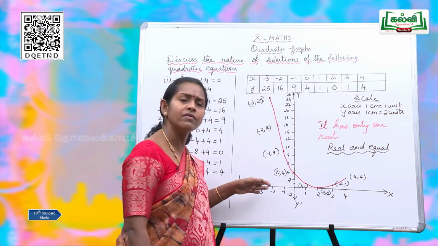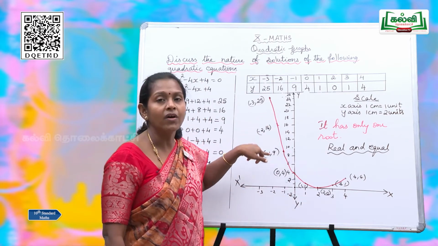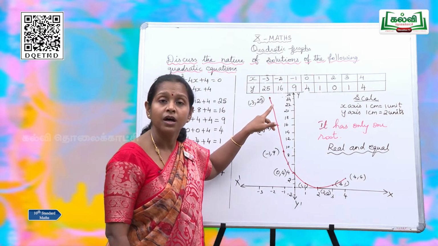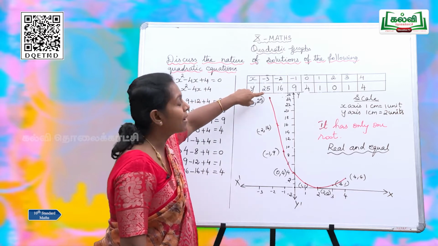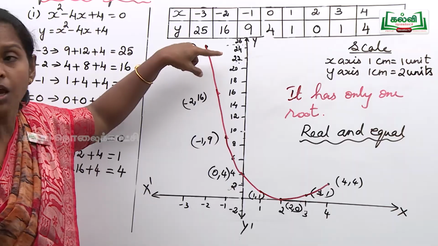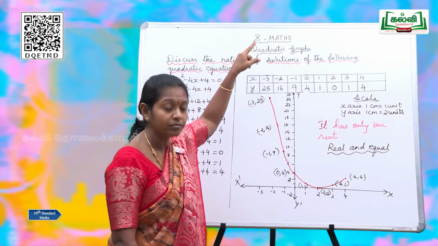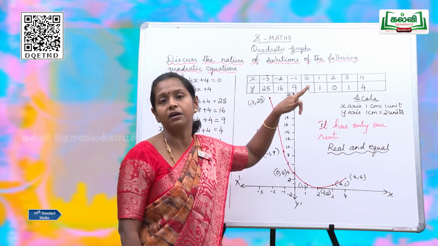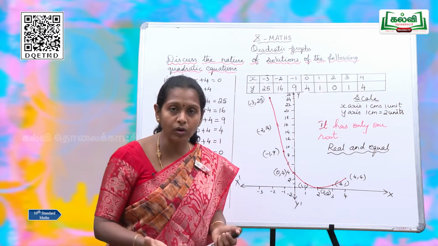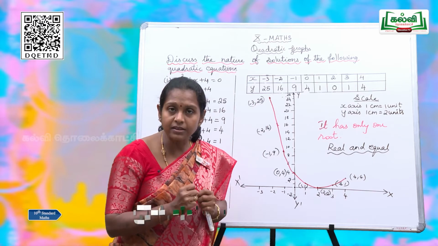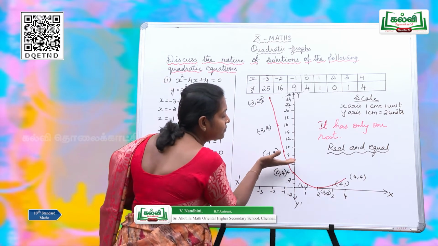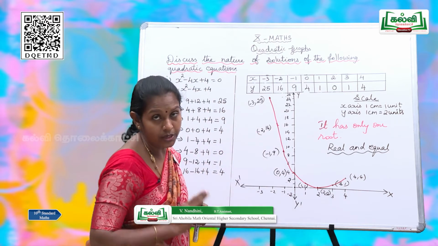Okay. Usually we will take 1, 2, 3, 4, right? Why did I take 2, 4, 6? Why have I taken 2 times? Just see this. The maximum point is 25. If you take 1, 2, 3 up to 25, the graph will be very big and it will be very difficult to draw. It will take more time. So to contract that, what are we going to do? Yes, we are taking each unit as 2 units.